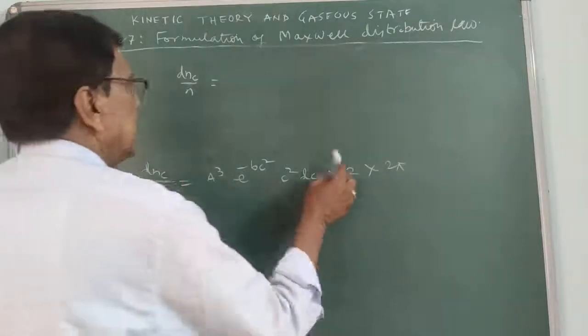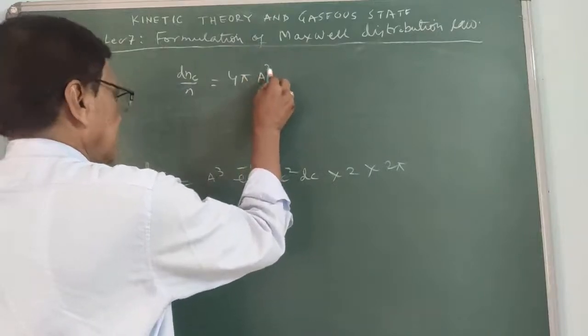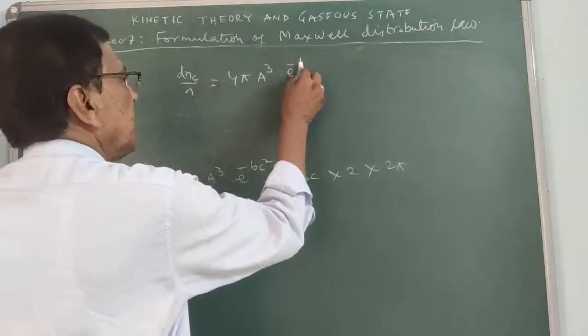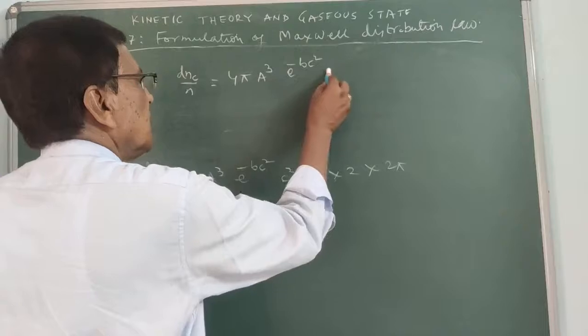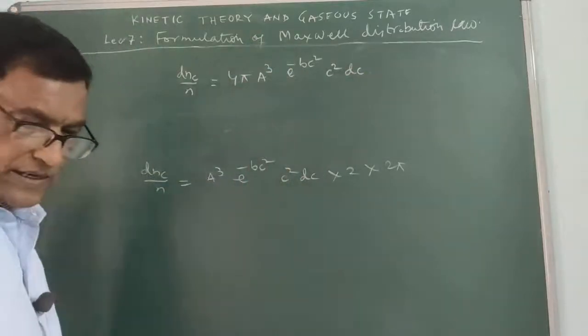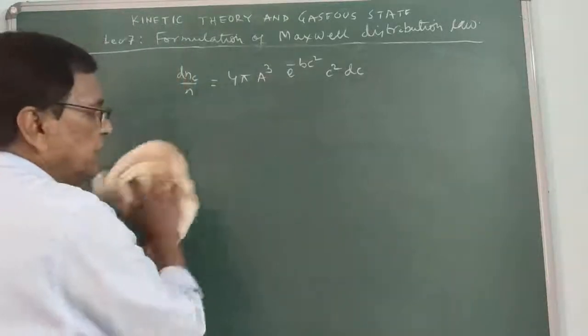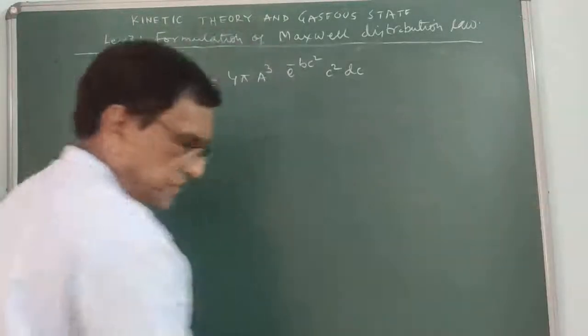This will be equal to 4 pi A cube e to the power minus b c square c square dc. Now our task is to evaluate the value of A.